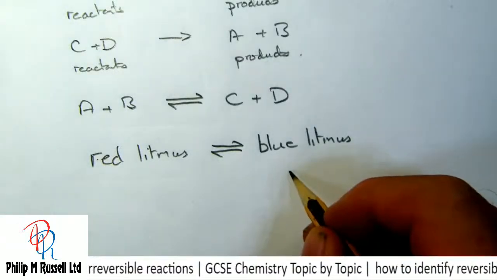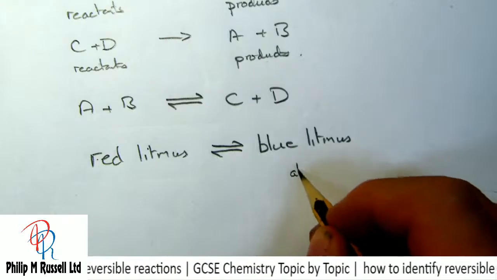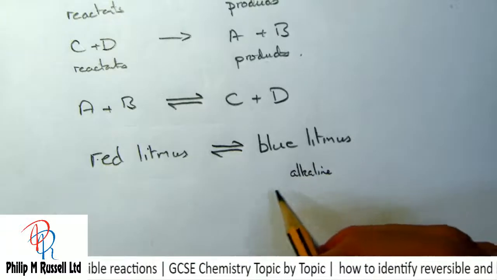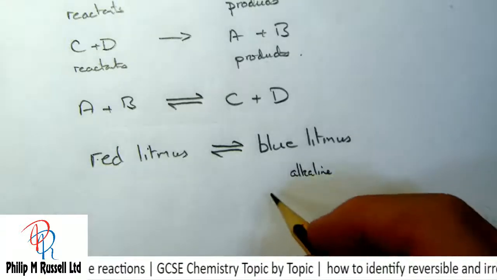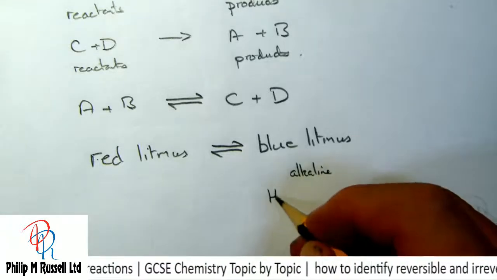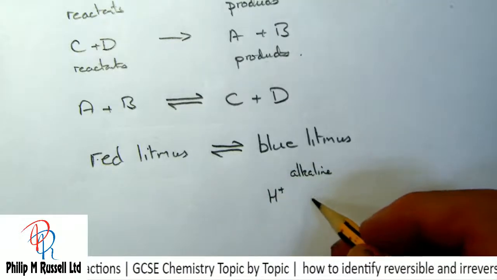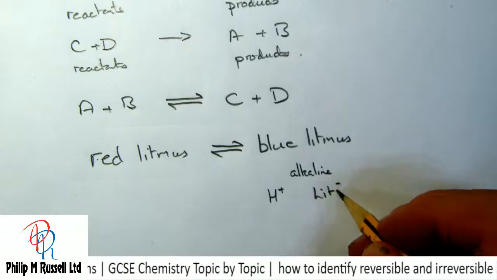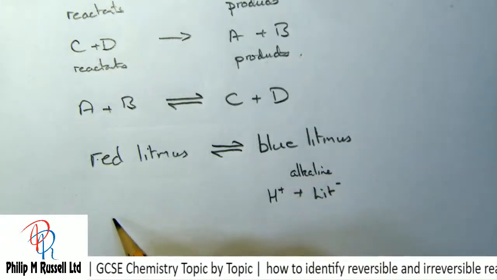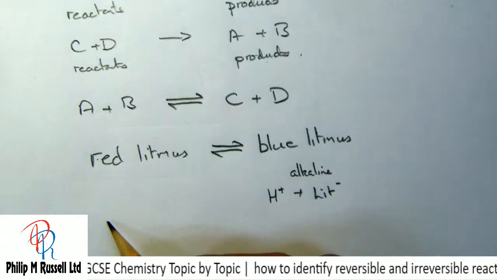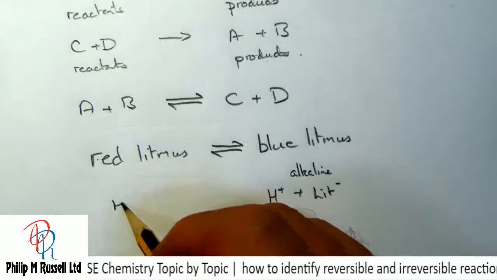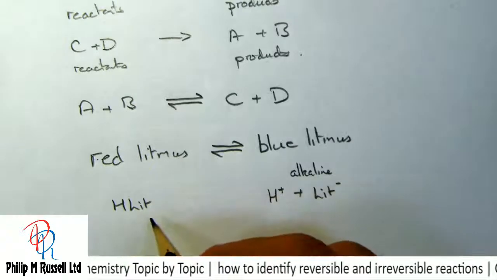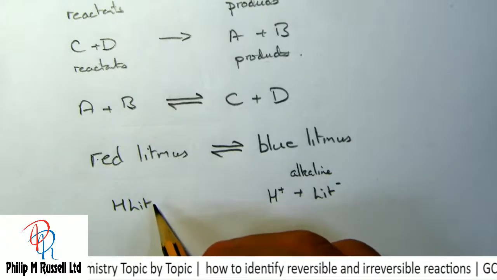If it is in alkaline conditions, the hydrogen ion is separated from the litmus, and in the other form we've got the hydrogen attached to the litmus.